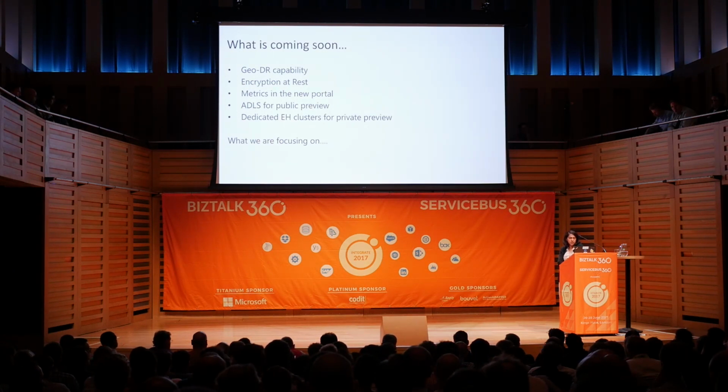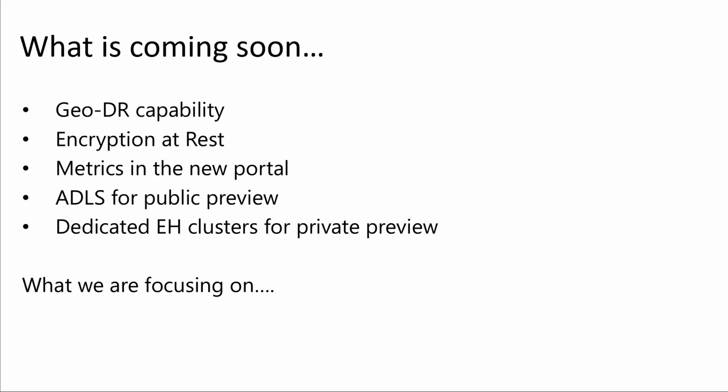We are focusing on building a lot of client ecosystem along with the GEO DR and encryption at rest and all the other messaging wide important capabilities. So we would really love your feedback on what would matter to you and what you think about Event Hubs and big data.